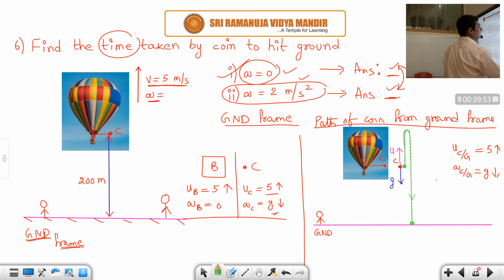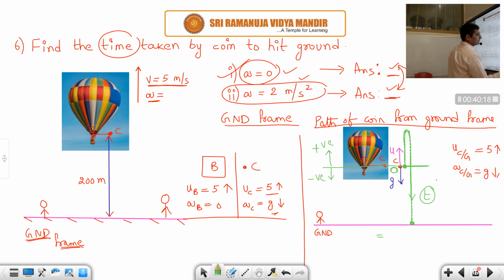Finally it will reach the ground. From here to here, the time taken is t. That is what they are asking. We know that whenever a body is projected from the top of a tower in motion under gravity, we take this as the origin, upward as positive and downward as negative.